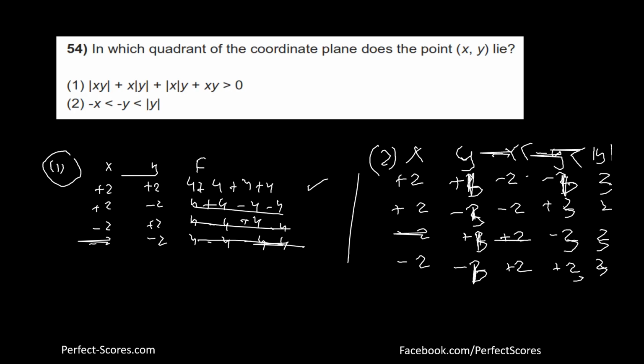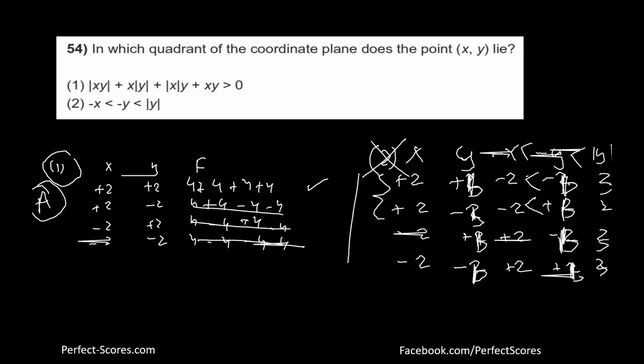This is getting messy. Okay, so it works here. Does it work here? So negative of y is greater than negative of x. It works here as well. It works for 2. So if it works for 2 and you have 2 different signs for x and y, so this is gone, that means A is the answer.